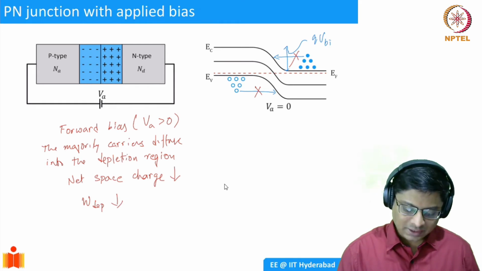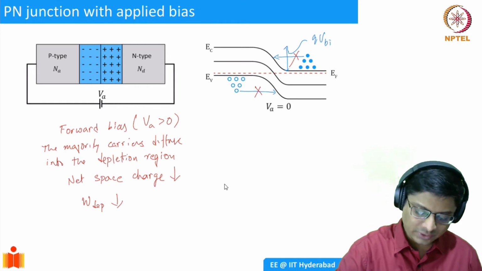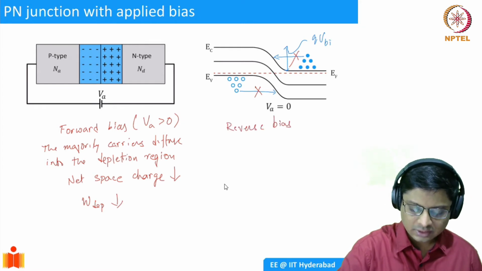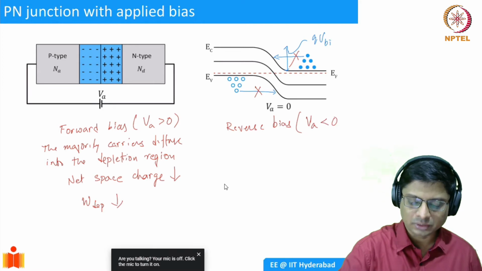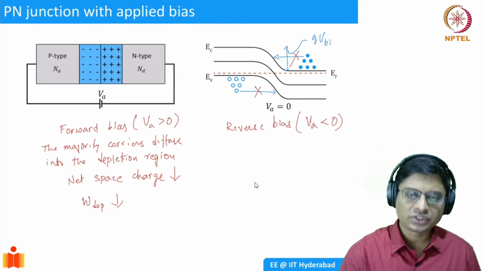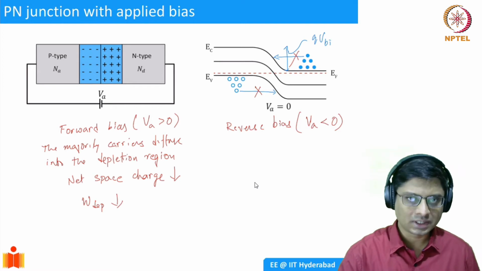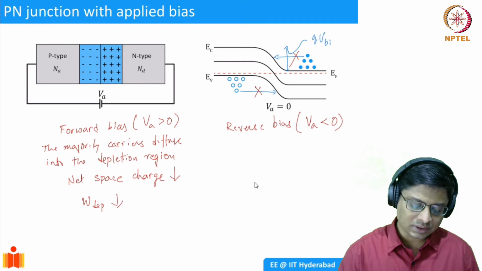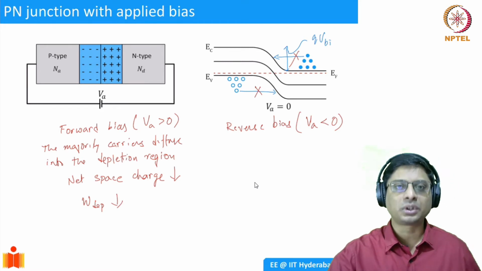We can apply another type of bias, which we call reverse bias. So V applied is less than zero. Essentially, I am applying a negative voltage to the P-type and a positive voltage to the N-type. So what happens now? Now the majority carriers are coming out of the device.